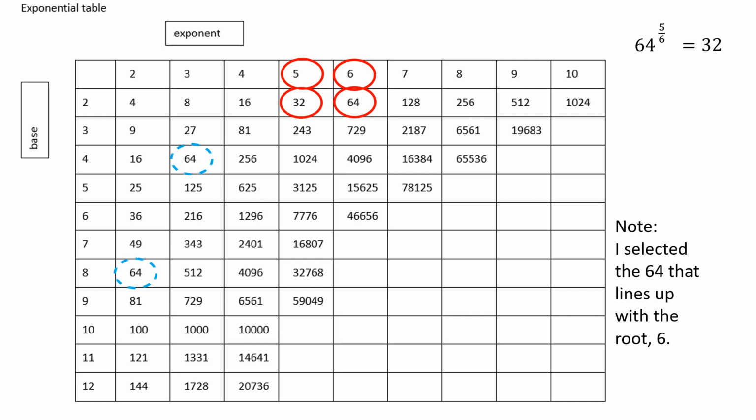There are a bunch of 64s, right? 8 times 8 makes 64. 4 times 4 times 4 makes 64. 2 times 2 times 2 times 2 times 2 times 2 makes 64, right?